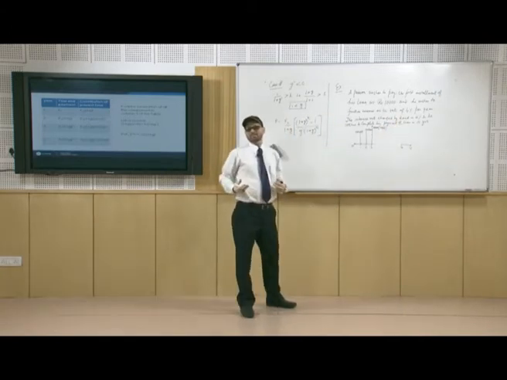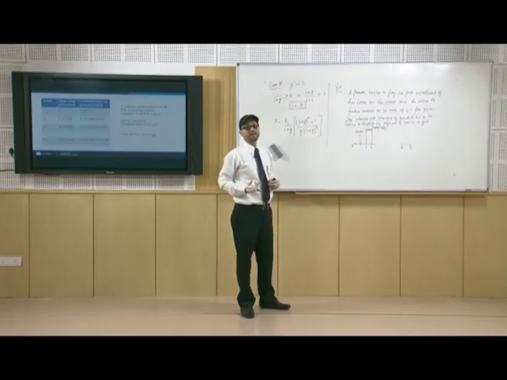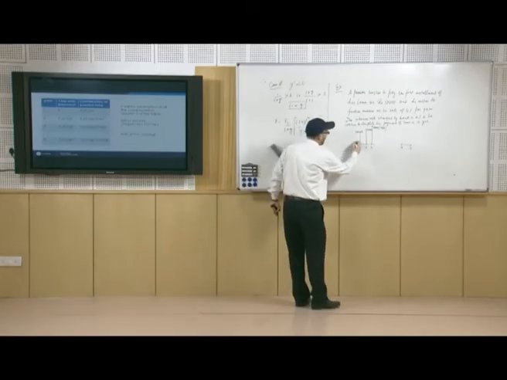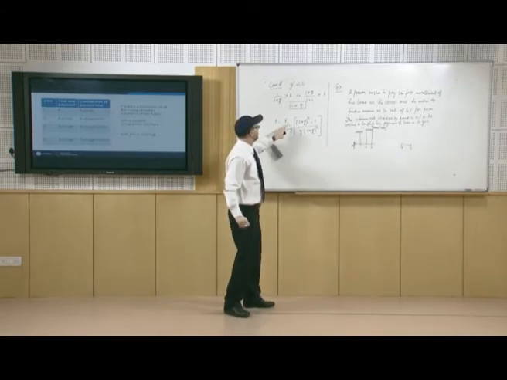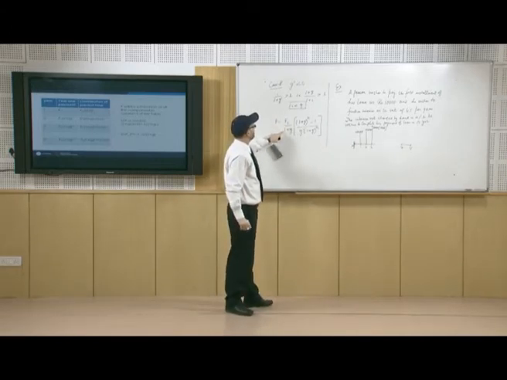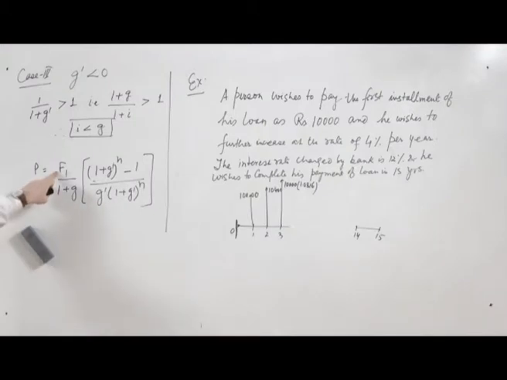So, ultimately what is the present equivalent amount that can be found at this time using this formula? This will be F1 by 1 plus g, so F1 will be 10,000 by 1 plus g.